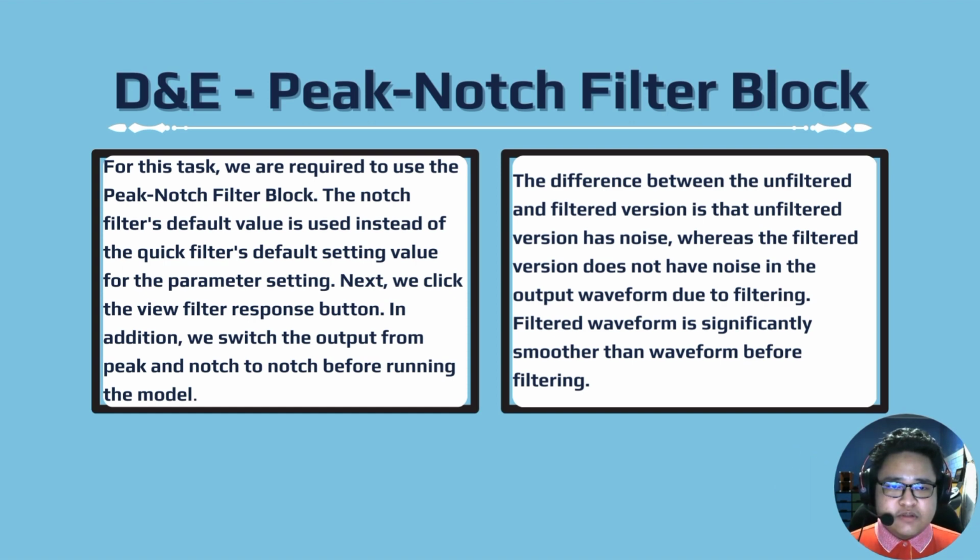The difference between the unfiltered and filtered versions is that the unfiltered version has noise, whereas the filtered version does not have noise in the output waveform due to filtering. The filtered waveform is significantly smoother than the waveform before filtering.